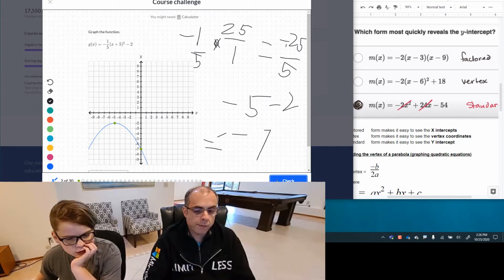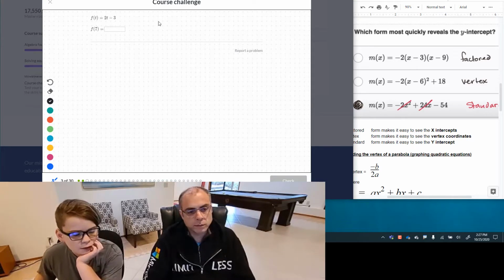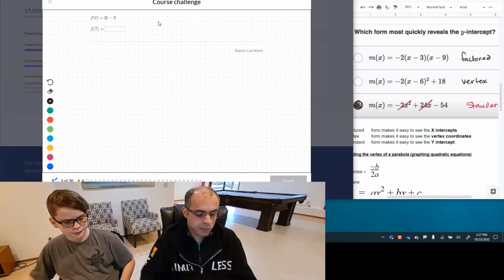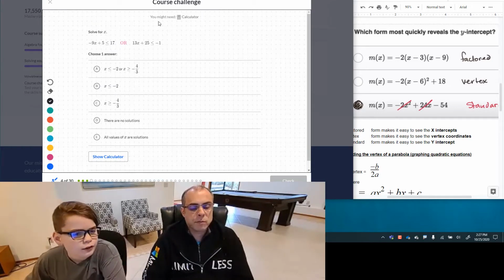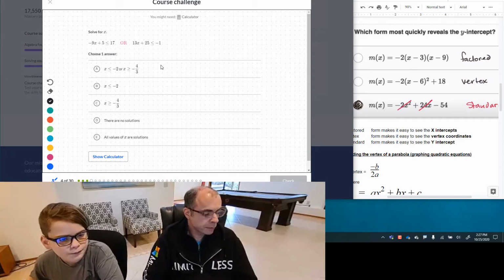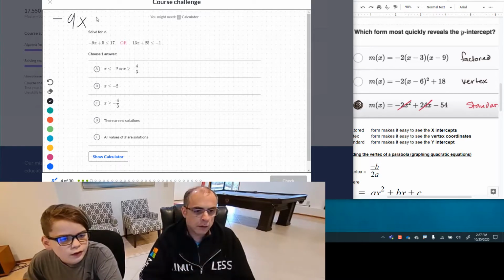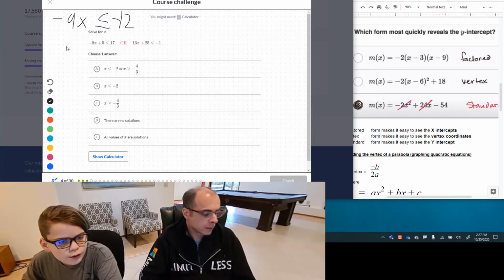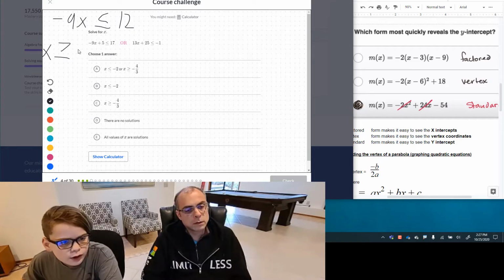If that equals 7, 14 minus 3 equals 11. Minus 5 to each side, 9 minus 5, 12, no. Then divide each side by that, flip it, and I can simplify it to negative 4 over 3.